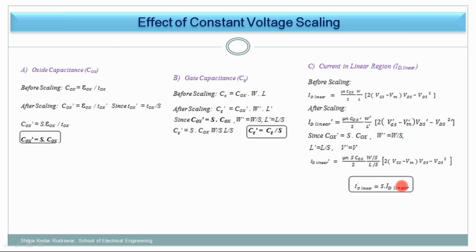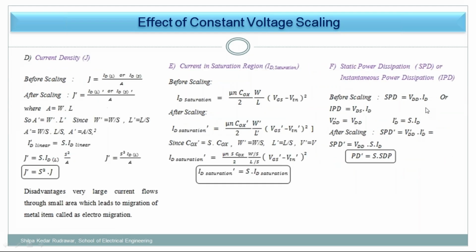And in previous constant field scaling, gain will be less because the current value is also decreasing. Hope the things are clear. So I'm going fast from this point because I need to recall the things only. Here, junction density. What is junction density? It is related to ID by A. So ID is affected, that is S into ID. Previously in constant field it was ID by S, but now it is increased by factor S.